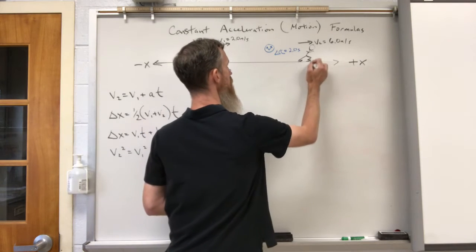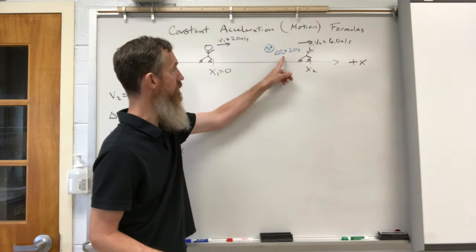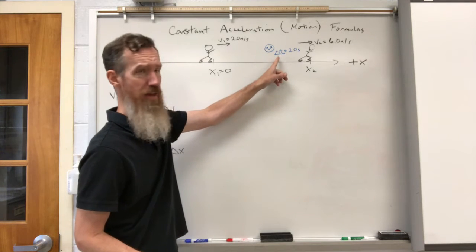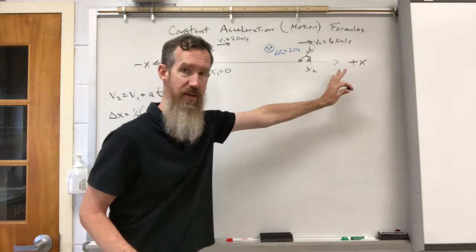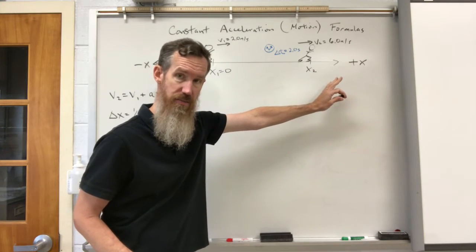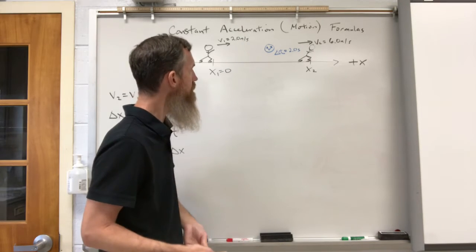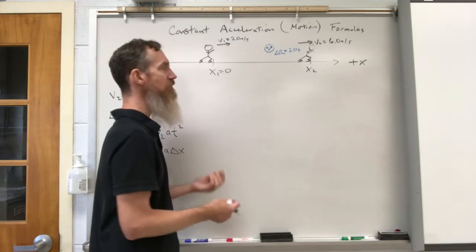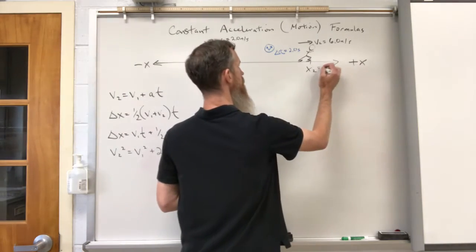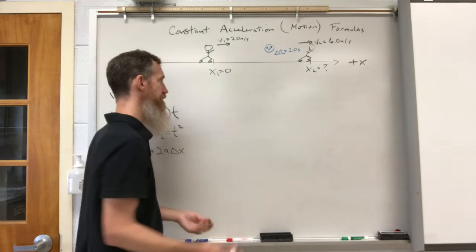And by final position, after 2 seconds, so I have my little clock and I say that 2 seconds has passed, they're now at 6 meters a second. And they're moving in the positive direction in both cases. If that's happening, one of the things you might want to know is, well, how far did they go? What was their displacement during that time?